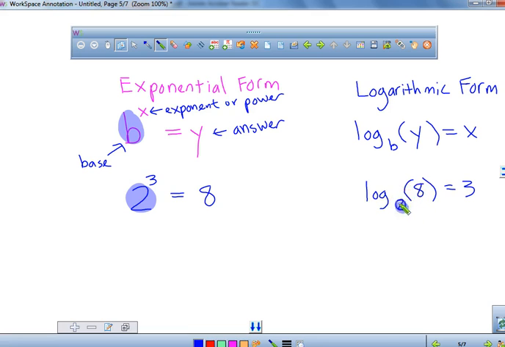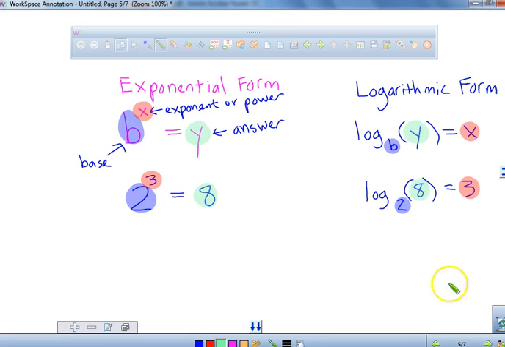And my exponent, or power, is x. In this problem, it's a 3. I'm going to highlight this also in red, so you guys can see how it transfers over. And last but not least, my answer, which was the number 8, goes right here in the logarithm. Okay?